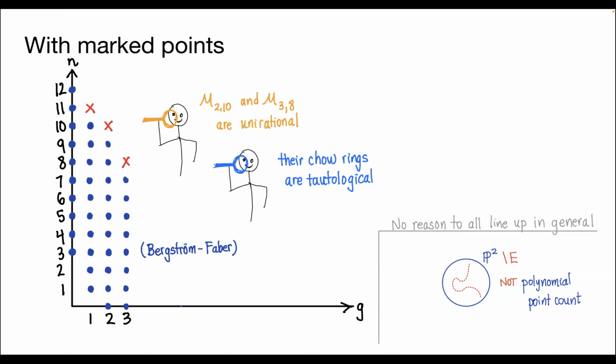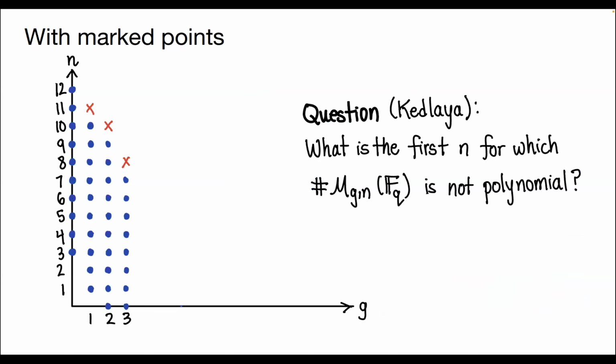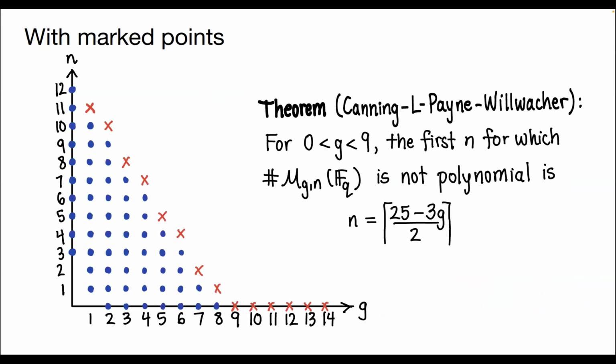So given this chart, a question that was posed by Kiran Kedlaya is, what is the first n for which the point count of M_{g,n} over finite fields is not a polynomial? And our theorem is an answer to this question.